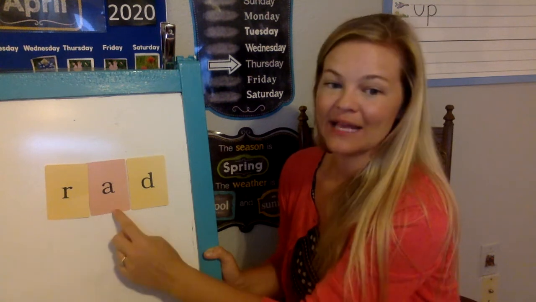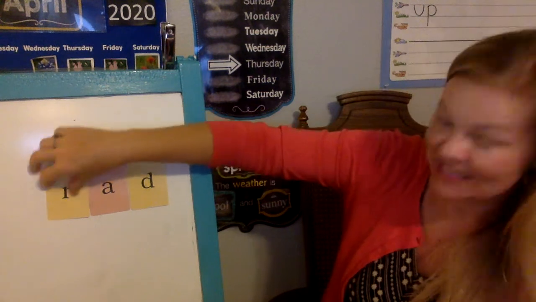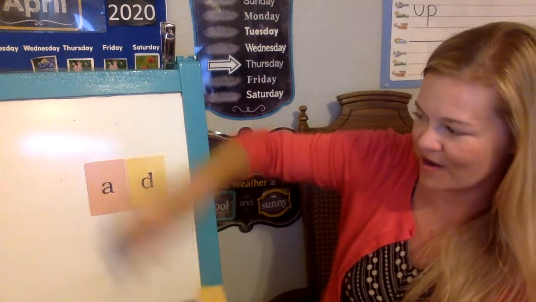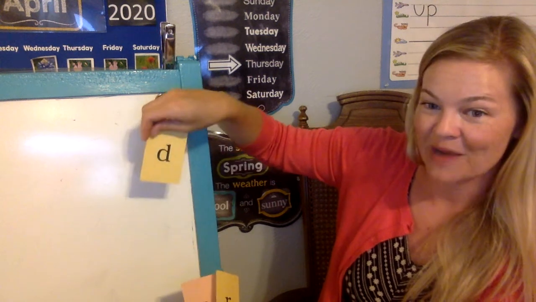Rad means cool. Okay, now let's start over. Put the R back, put the A back, and put the D back where it belongs in your magnet tile board. So we're starting over from scratch. So all your magnet tiles should be back in ABC order.